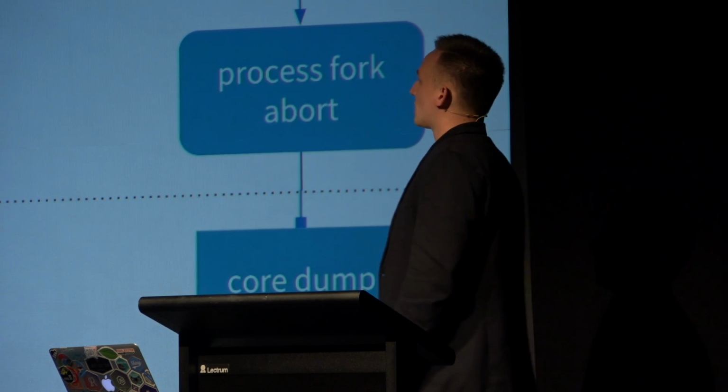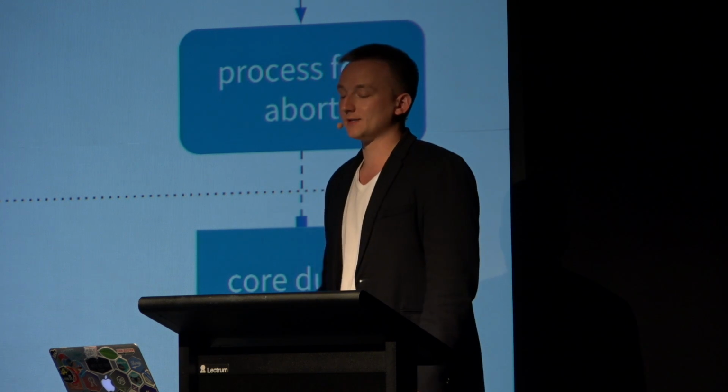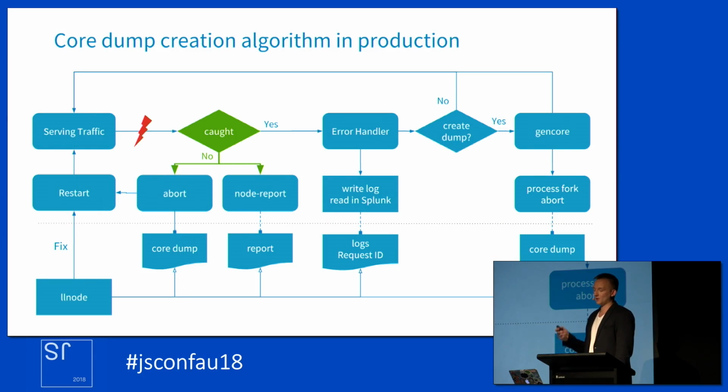Let's review the whole algorithm. If the error is not caught, the Node.js application generates a core dump, node report generates a report, and the application restarts and continues serving traffic. But if the error was caught, the error handler puts available information to a log file, and error selection logic makes a decision: should it crash the process, should it generate a core dump?